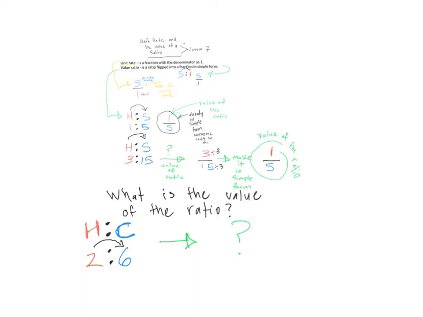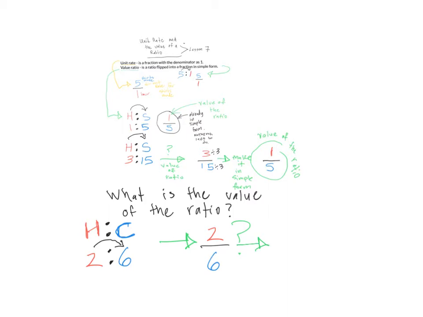And then you should have gotten 2 over 6. And I know 2 over 6 is not simple form.